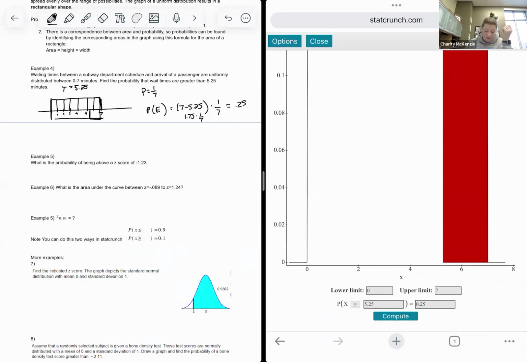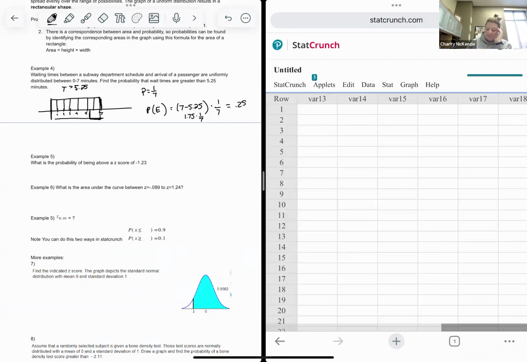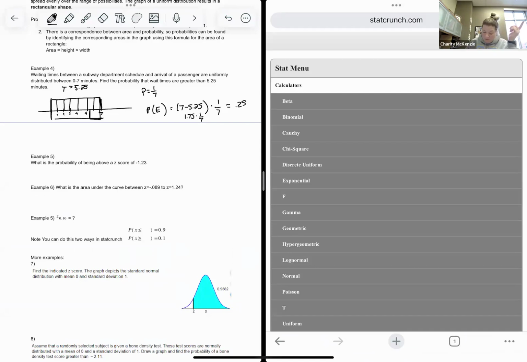I don't think this one's too bad. I'm going to leave the StatCrunch calculator open for us. Number 5 says, what's the probability of being above a z-score of negative 1.23? So again, I'm in a z, so I need normal.